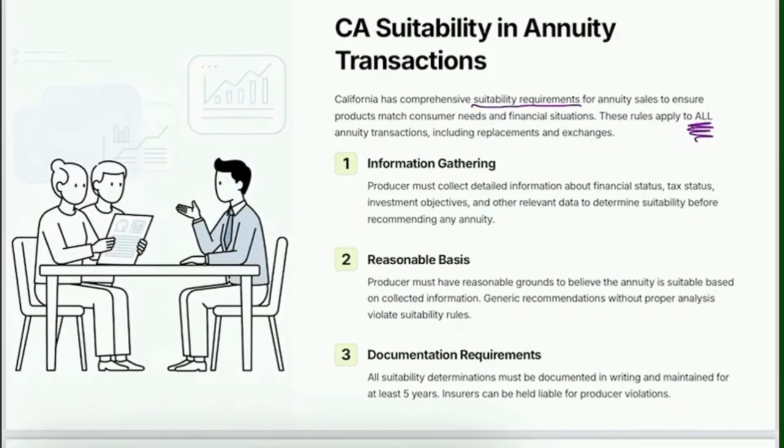This is so that you are not just trying to get a commission, not just putting them in some policy to make money. This needs to make sense for the customer. And how do you do that? One, by information gathering. Producer must collect detailed information about the financial status, tax status, investment objectives, and other relevant data to determine suitability before recommending an annuity.